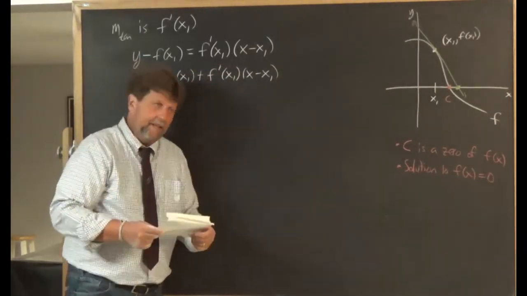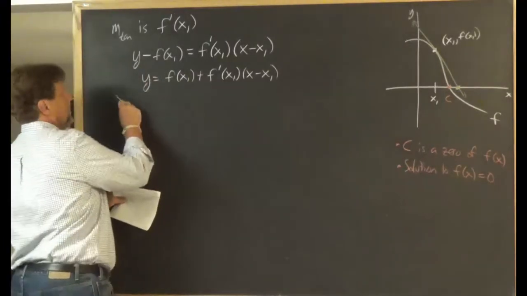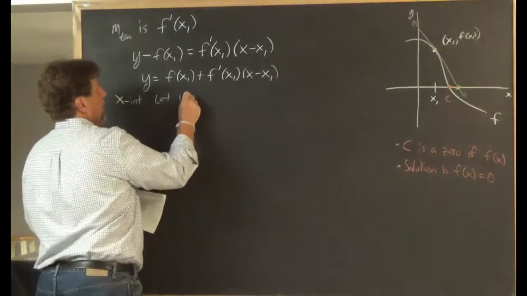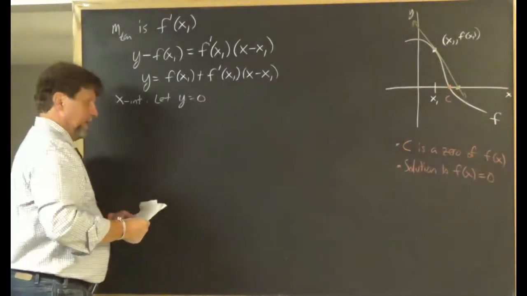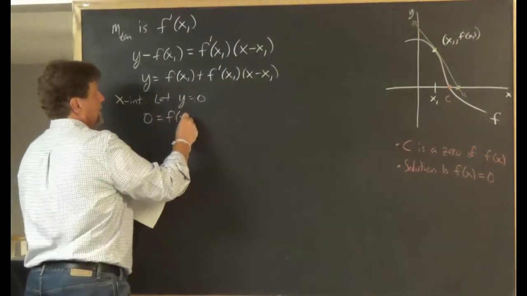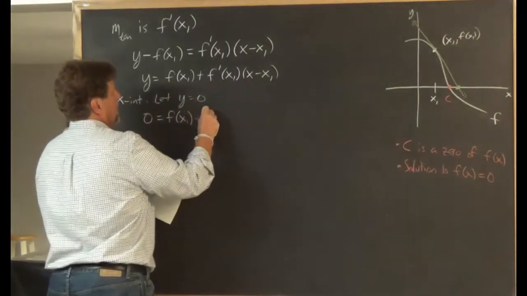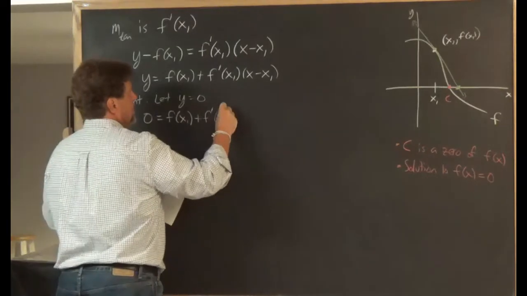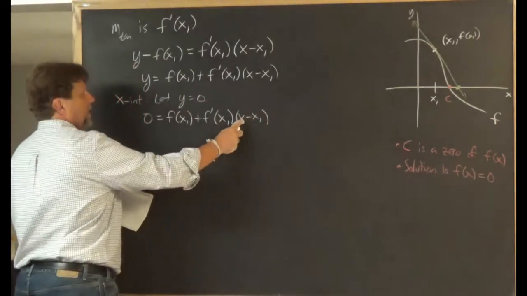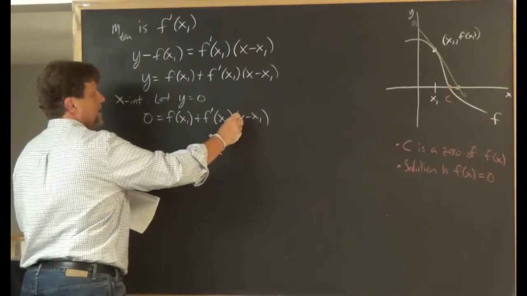Now remember, to find the x-intercept, you let y equal 0. So you let y equal 0, so you get 0 equals f of x sub 1 plus f prime of x sub 1 times x minus x sub 1. So we're trying to solve for x here.